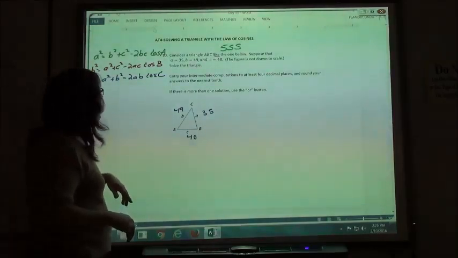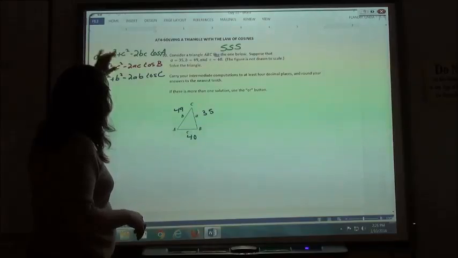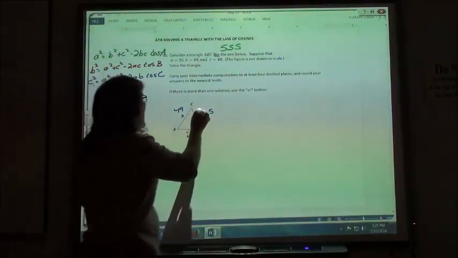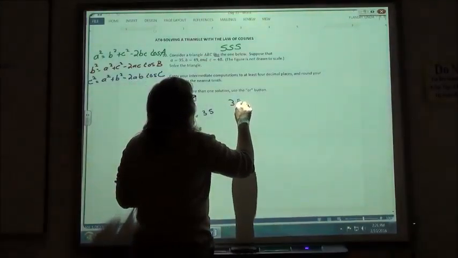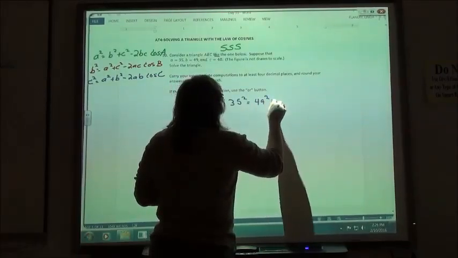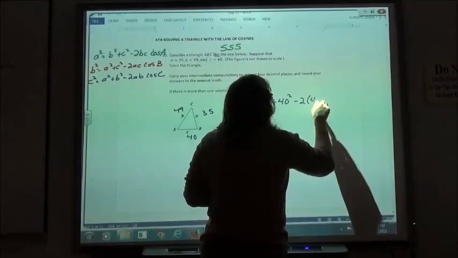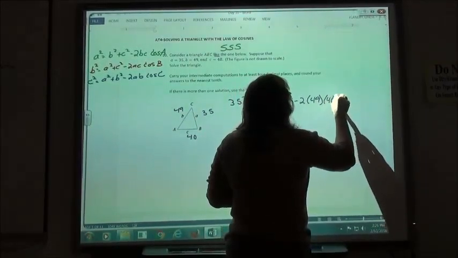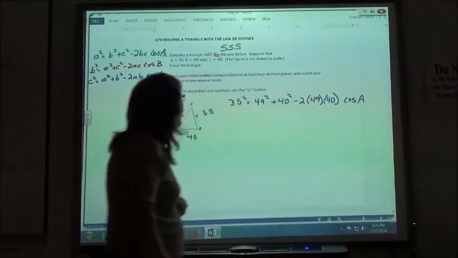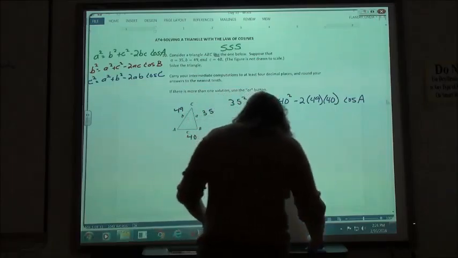So I'm plugging this in. First of all, I'm going to find angle A, so I'm going to use my top one here. a squared equals b squared plus c squared minus 2bc cosine of A. So a squared, 35 squared, equals b squared, 49 squared, plus c squared, 40 squared, minus 2bc, so 49 times 40, cosine of A. So this was side a, cosine of A over here.